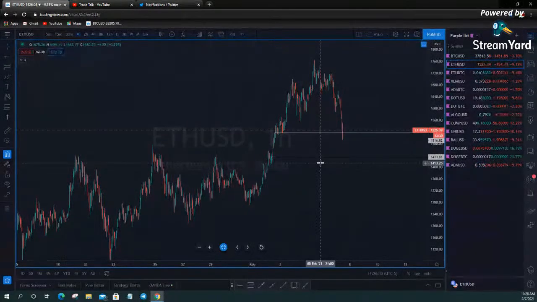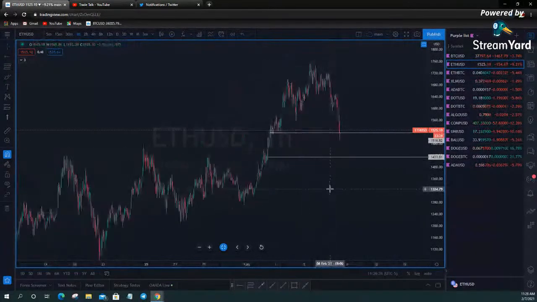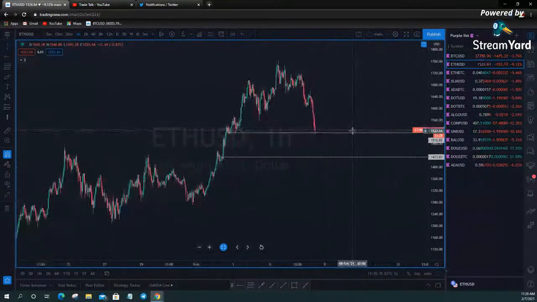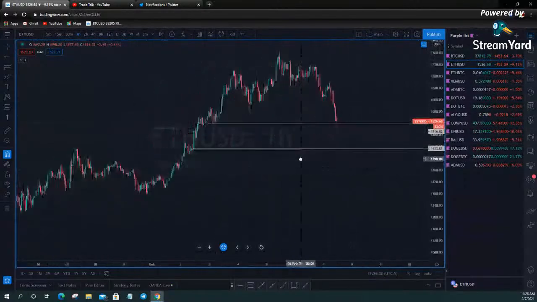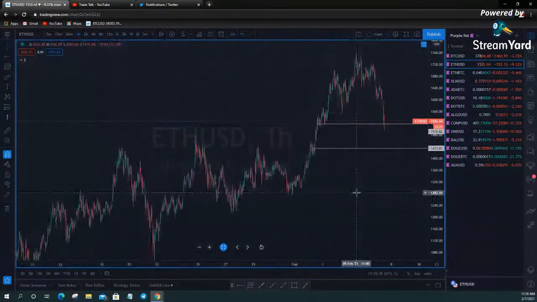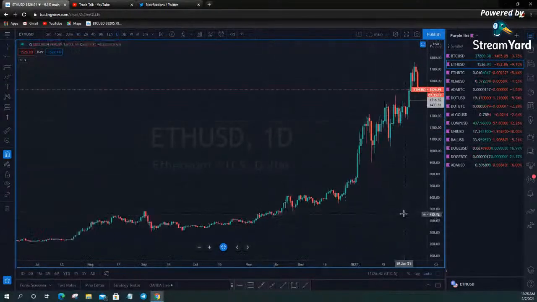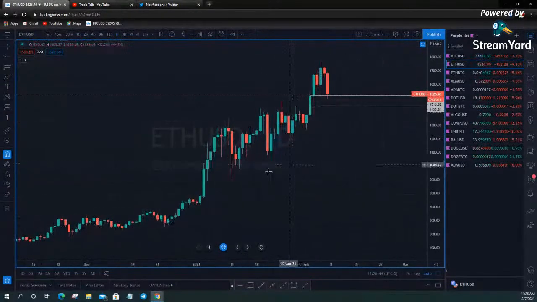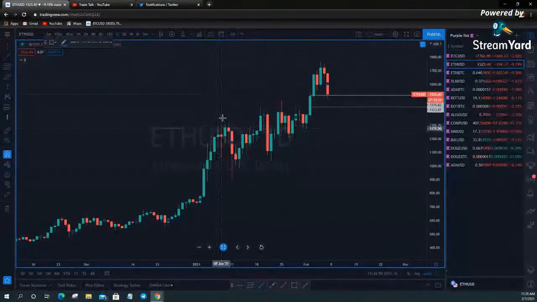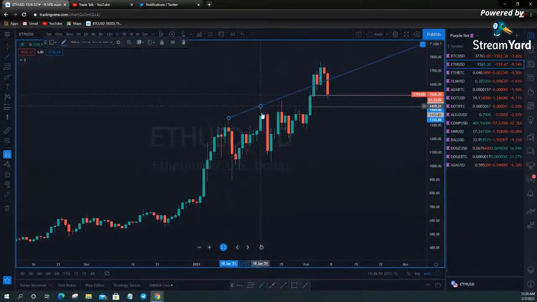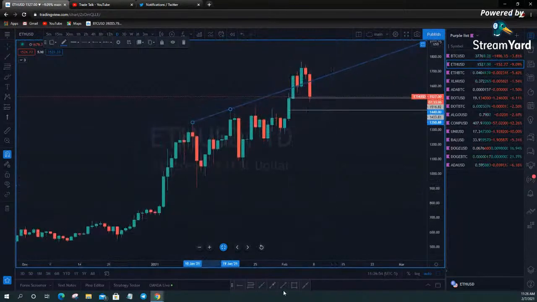If 1420 doesn't hold, I'm just trying to see the downside risk. That's impossible to know, but let's go to a daily chart, because that's the best way. This was an ascending wedge, which is usually met with bearish intentions, and it played out to the bullish side.